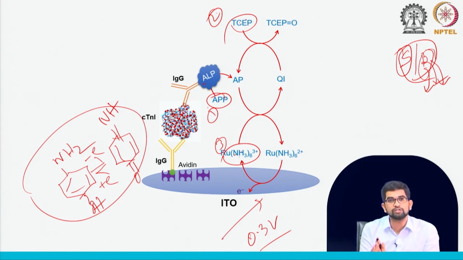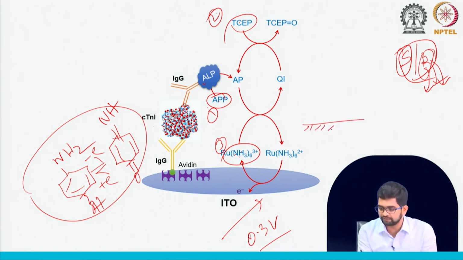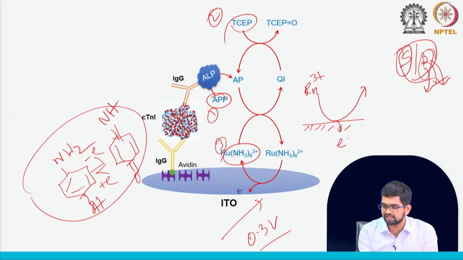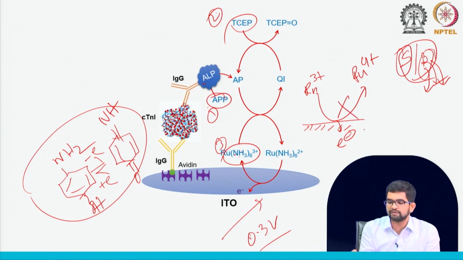They should not oxidize very fast on the surface, then only can we generate very low background current. So, I can draw now: ruthenium hexamine 3 plus should not release the electron very fast. I think you know ruthenium hexamine 3 to 4 is also not a favorable process. So, this reaction rate will be very, very low because this is not a favorable process.